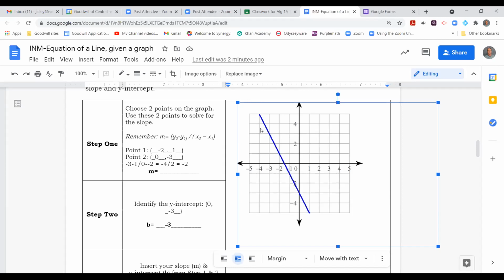Quadrant 2 has mixed signs, positive, negative. Even if you look at this part down here, quadrant 1, 2, 3, 4, that has mixed signs also. So it's going to be negative. Because rise and run is a fraction, when the signs are different, just like when we're doing division, you get a negative number.